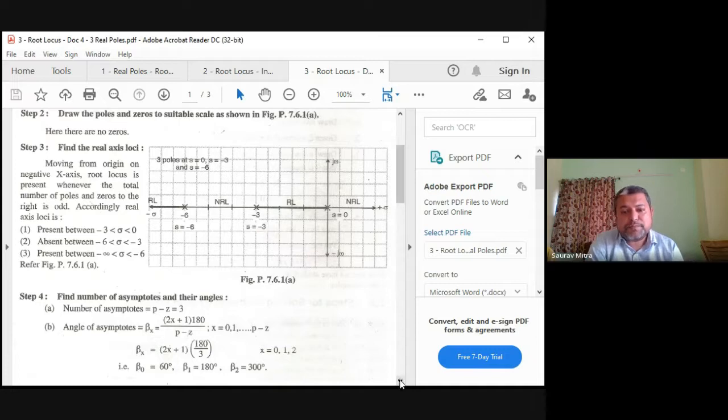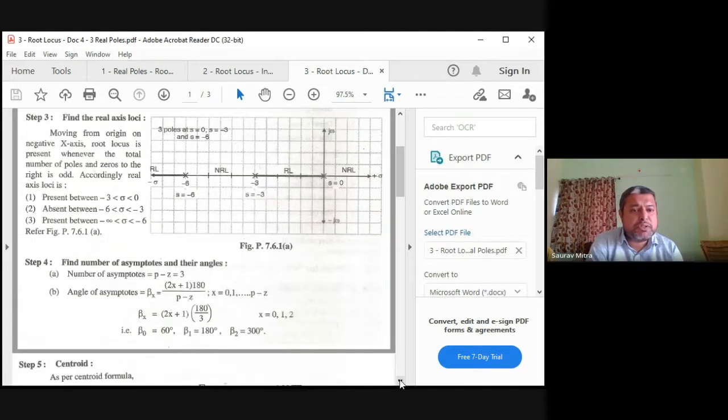Step number 4, find the asymptotes and what is the asymptote value. So the number of asymptotes p minus z is equal to 3. Okay, so first they have found out, instead of a breakaway point, first they have found out what is angle of asymptote. So angle of asymptote theta, see, this is the formula: (2x plus 1) into 180 divided by p minus z. So p minus z we know as 3. 2x plus 1, and x starts from 0.